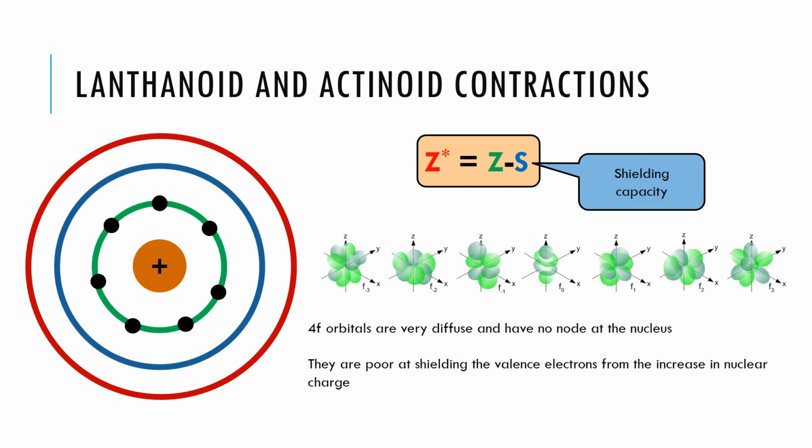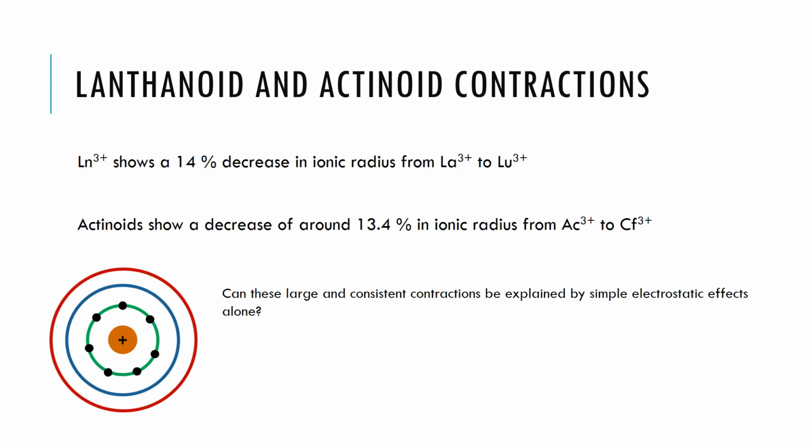And as you cross the lanthanoids, you increase the proton number, so you increase the pull of the nucleus on the outer electrons. As a result of that, the lanthanoids show around a 14% decrease in ionic radius, and the actinoids show around a 13.4% decrease in ionic radius as you cross the group.